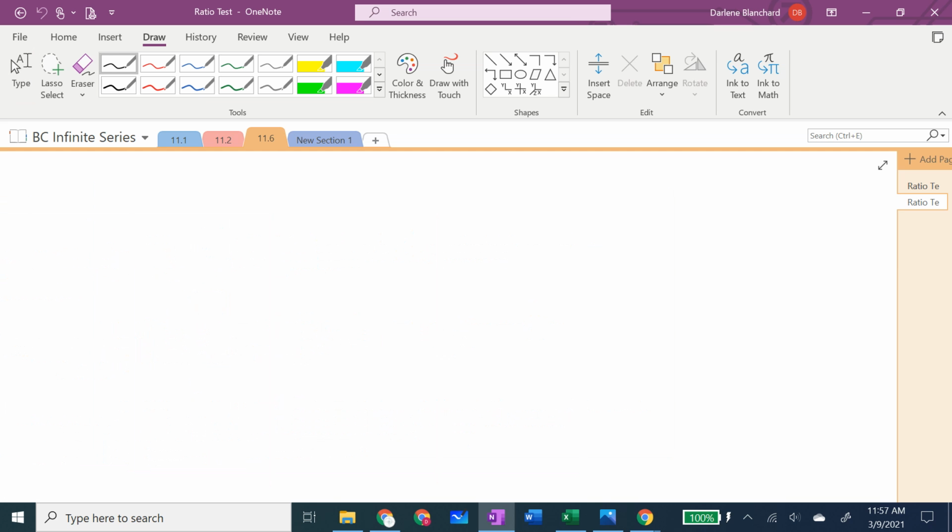To explain it, I have to start with what we understand about a geometric series. In a geometric series, if you divide any of the terms by their predecessor, you will get r.